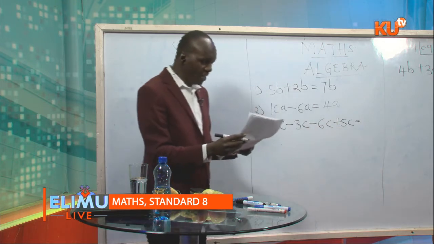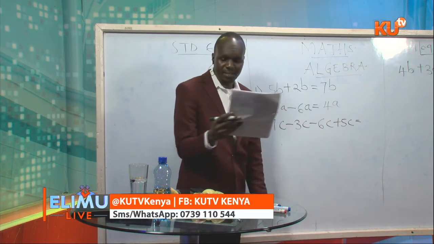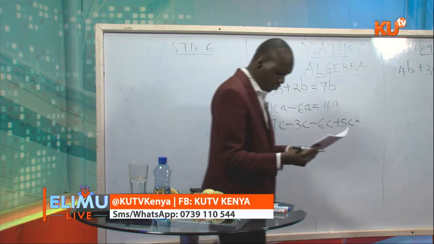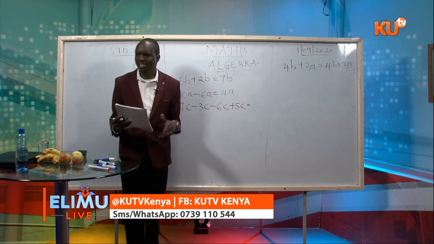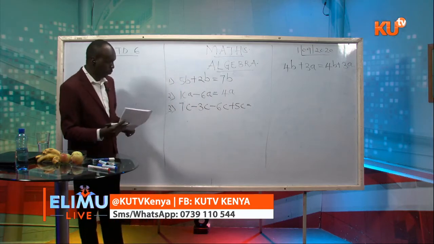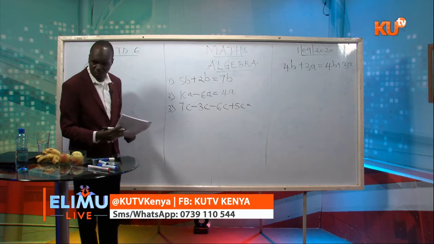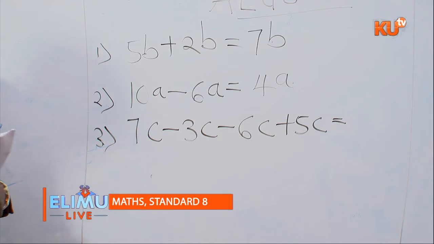However, always remember that the positive sign or negative sign followed by a term determines the operation to be carried out on the term. For this case, we shall start with addition first. We shall collect the like terms starting with addition. That is following the BODMAS rule.